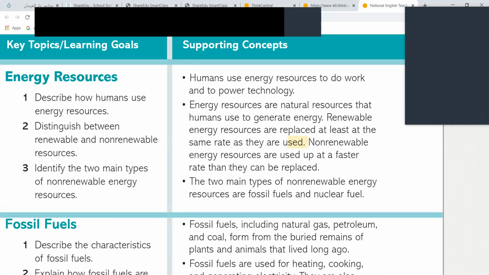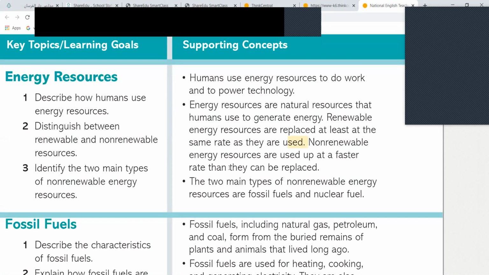Non-renewable energy resources are used up at a faster rate than they can be replaced. Identify the two main types of non-renewable energy resources. The two main types are fossil fuels and nuclear fuel.